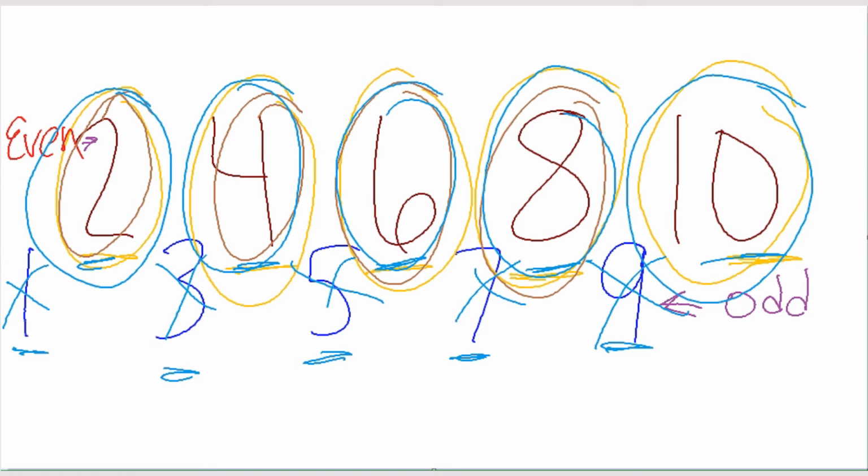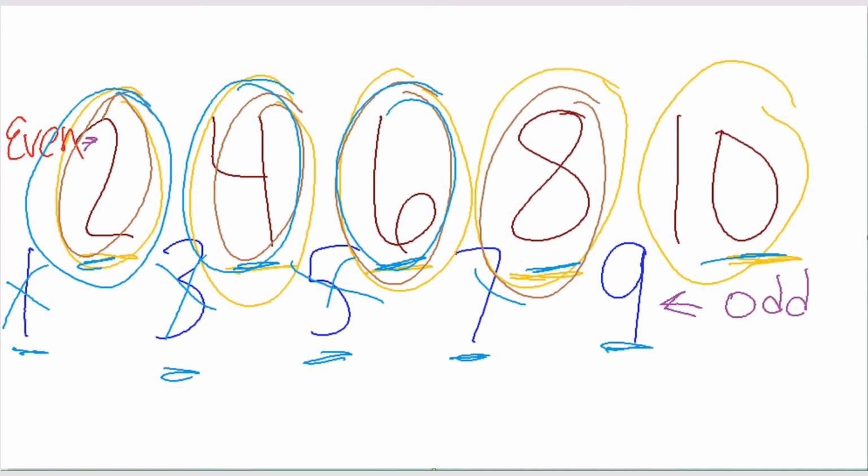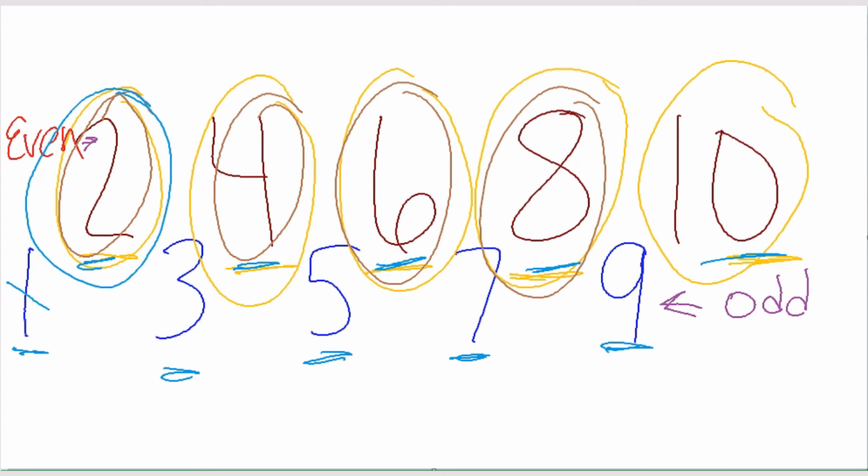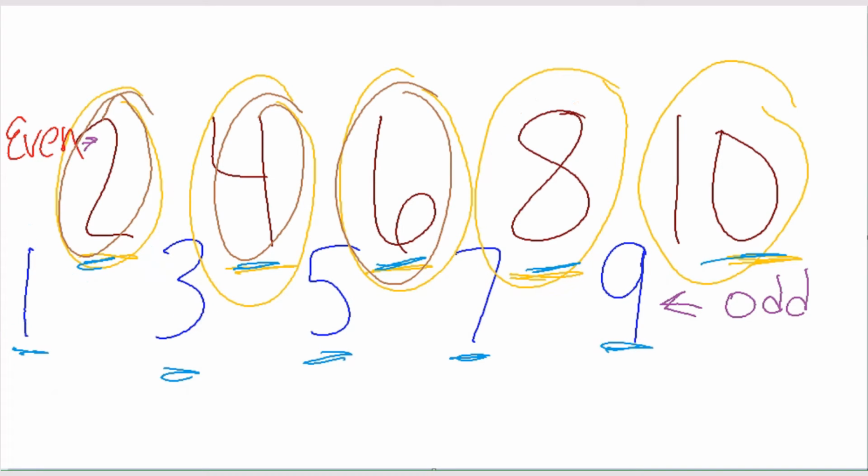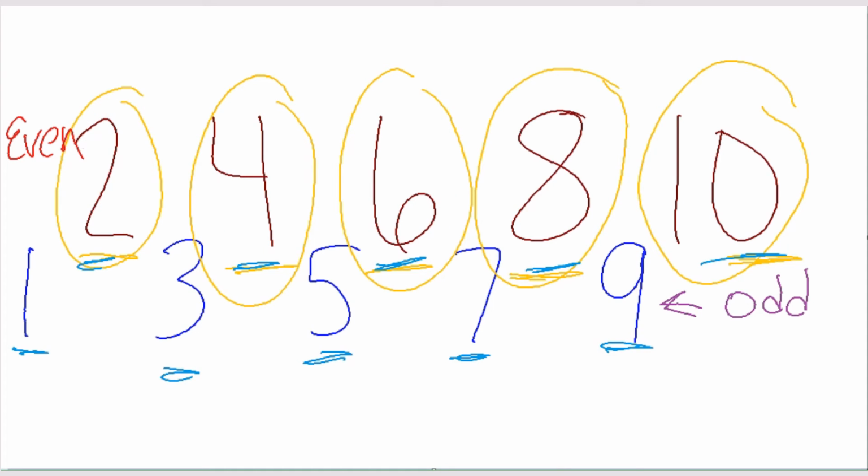Did you hear me say skip 1, skip 3, skip 5, skip 7, skip 9 out loud? No, I did not say it out loud. I said it in my head, which means no one could hear me but me. I was thinking it, but I did not say it because I don't need anybody to know that I am skipping these numbers. I only need them to know that I'm counting by 2.